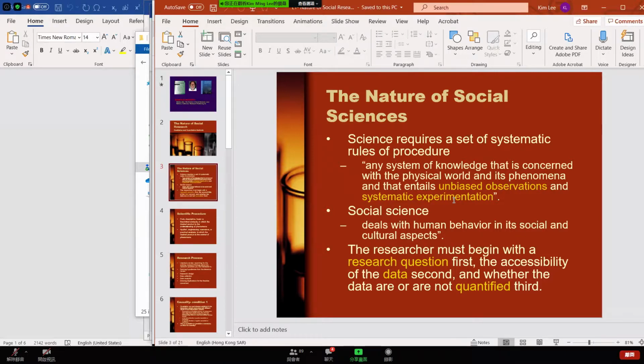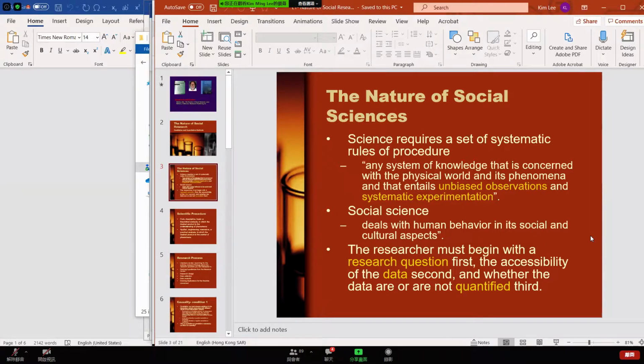That requires some kind of procedures. So science is a systematic way of discovering nature, discovering the world. Accordingly, it is any system of knowledge concerned with the physical world and its phenomena that entails unbiased observation and systematic experimentation.